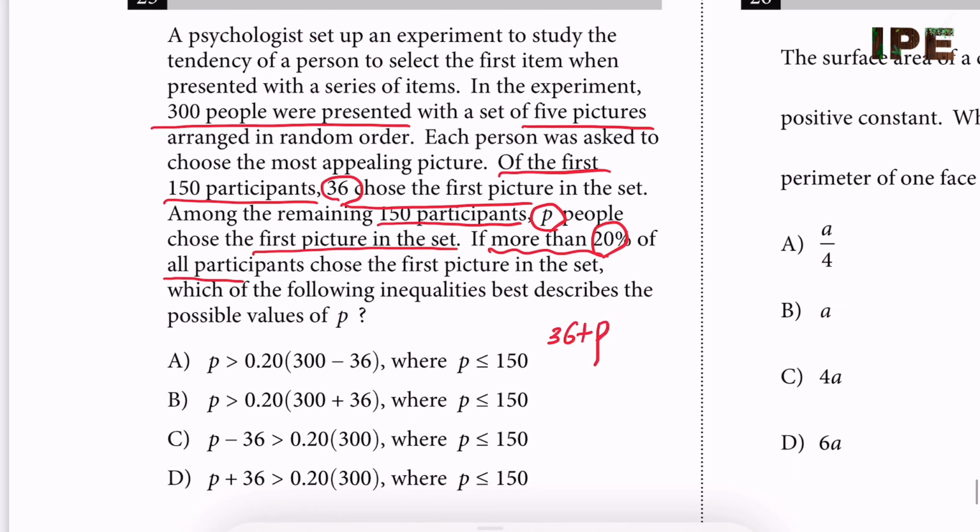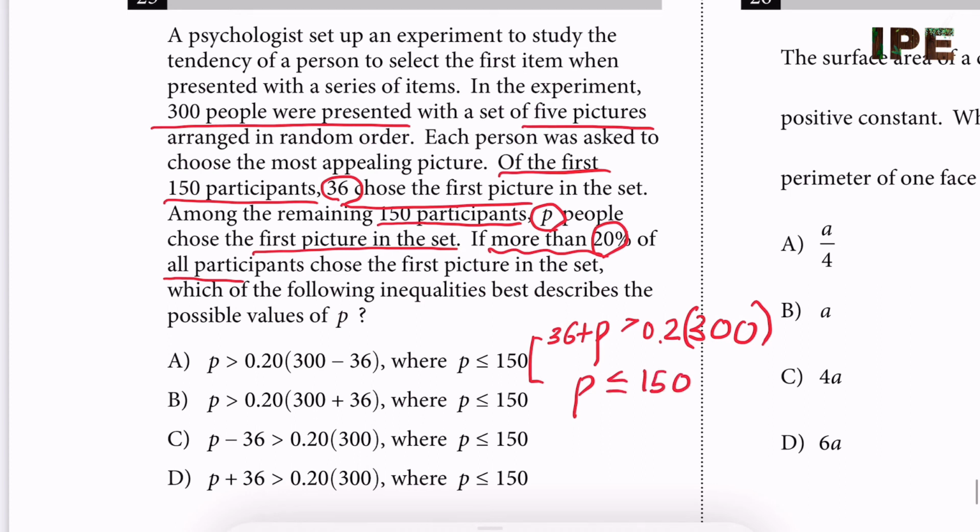That total is more than 20% of all participants, so it is greater than 0.2 times the total number of people, which is 300. And P is the people who chose the first picture from the remaining 150 participants, so it cannot be over 150; it is less than or equal to 150.